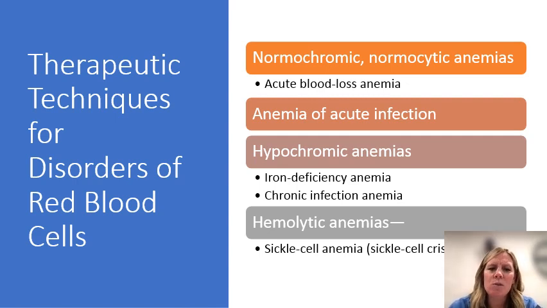Hemolytic anemias, we already talked about sickle cell. When they're in a sickle cell crisis, remember the pain relief, adequate hydration, and oxygenation. So control their pain, get the IV fluids on board as well as supplemental O2. Hydroxyurea may be prescribed as well.